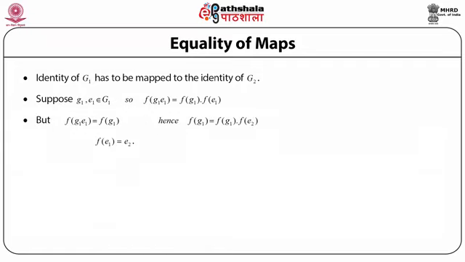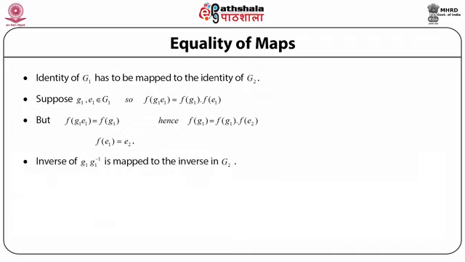But f of g1 e1 is equal to f of g1 because g1 e1 is equal to g1. Hence, f of g1 is equal to f of g1 into f of e1, which means that f of e1 is equal to e2. That is, the identity of G1 is mapped to the identity of G2.